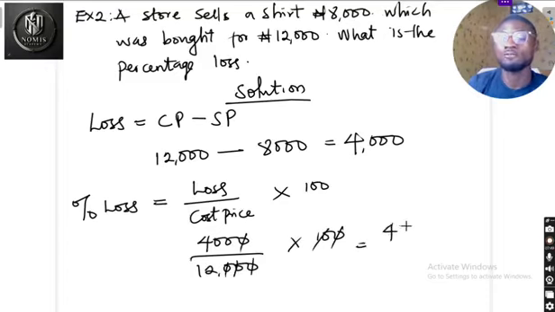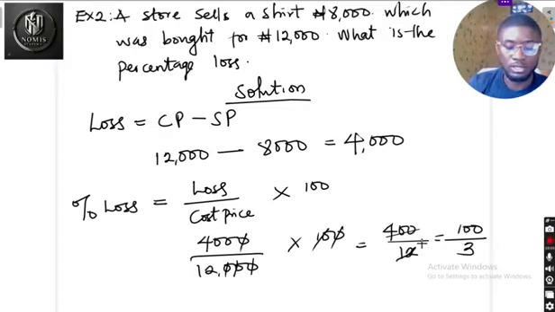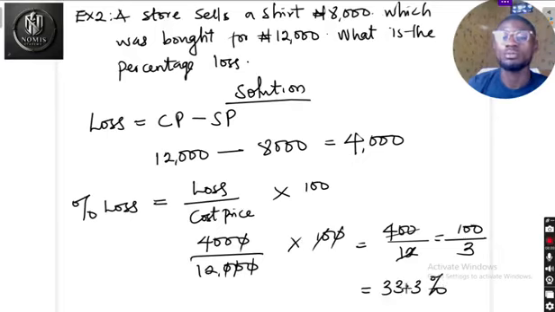Dividing by 4, I have 100 divided by 3, which is 33.3%. So this is the percentage loss.